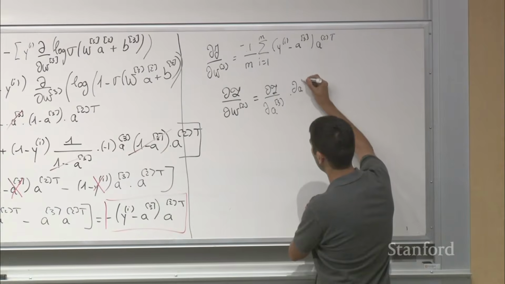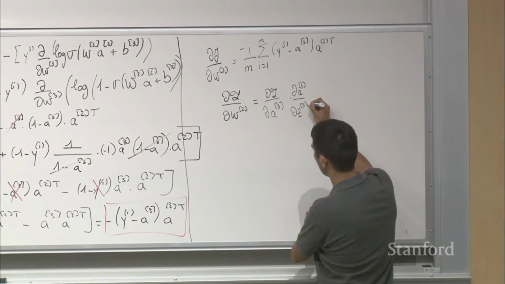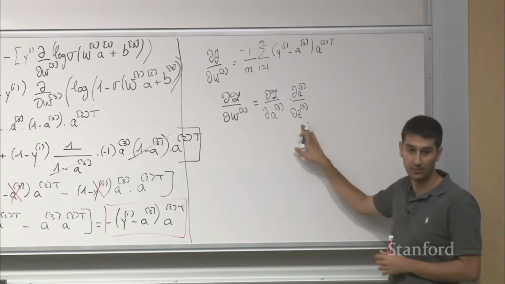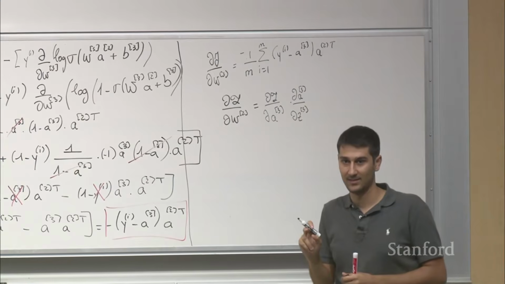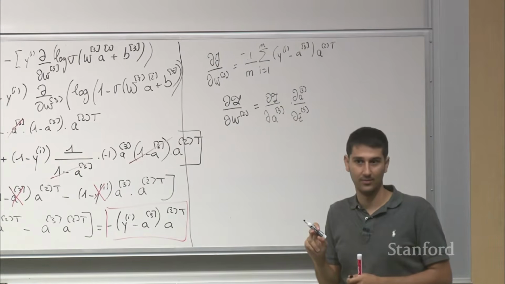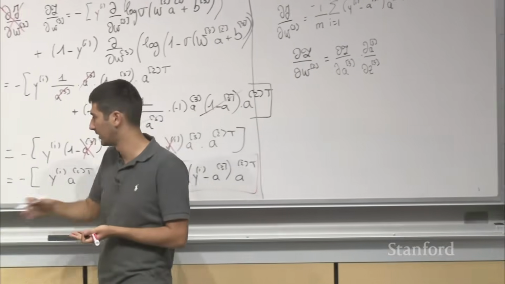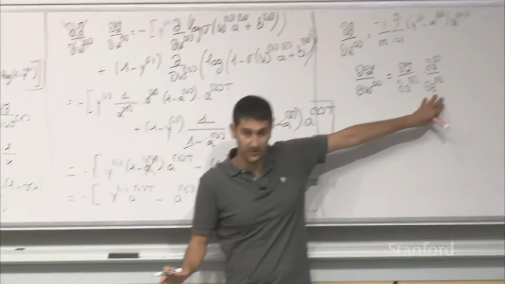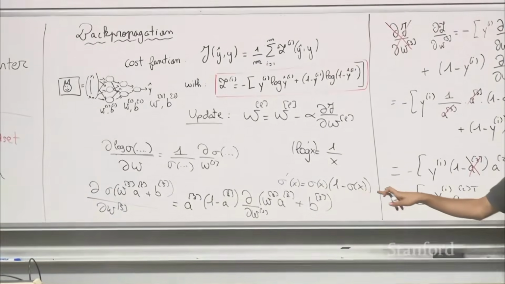So I can take the derivative of A3 with respect to Z3. Do you remember what this is going to be? It's the derivative of sigmoid. I know that A3 equals sigmoid of Z3, so this derivative is very simple. It's just A3 times 1 minus A3.